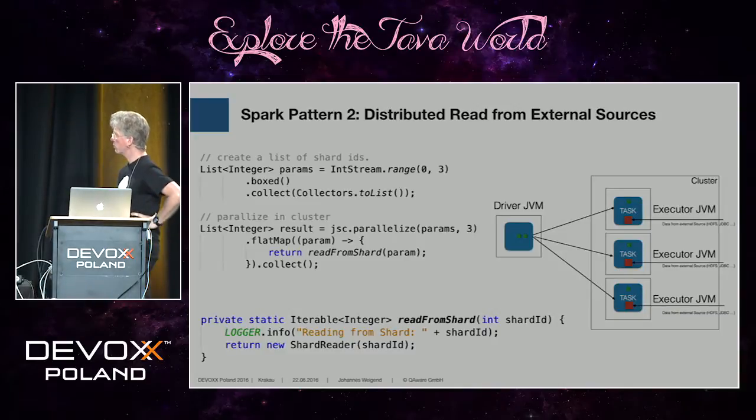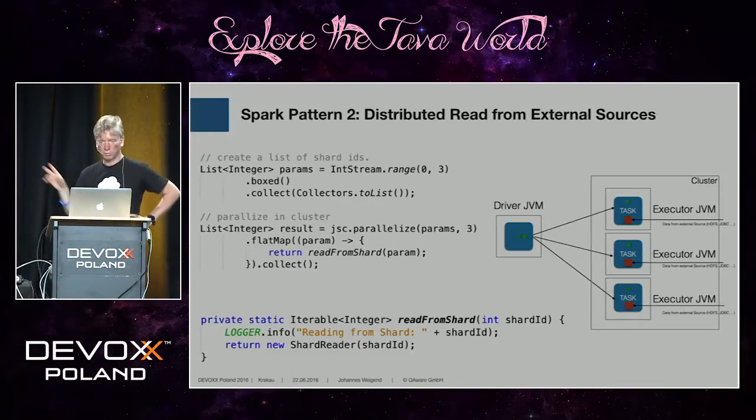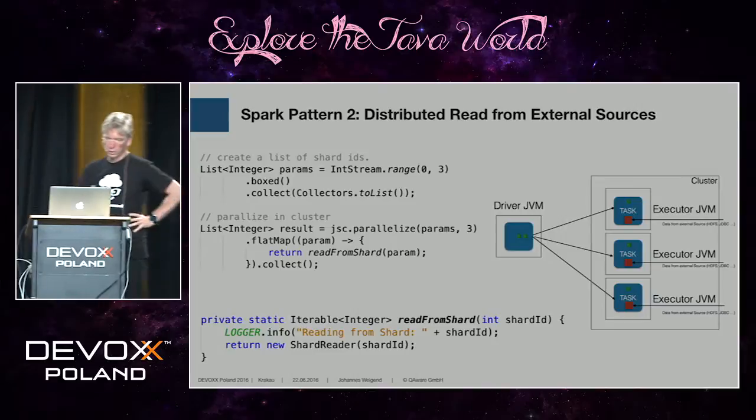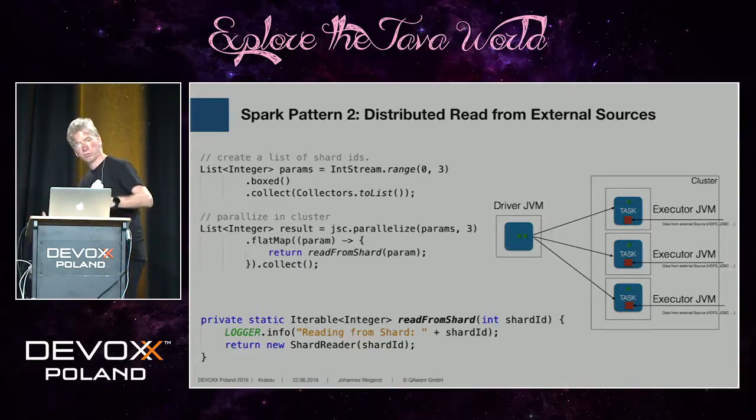And the interesting thing here, when you look at the read from shard method below, you see that the shard reader gets the shard ID, a unique ID 1, 2, 0, 3, and now it can give you an iterator back on the data loaded from an external source.